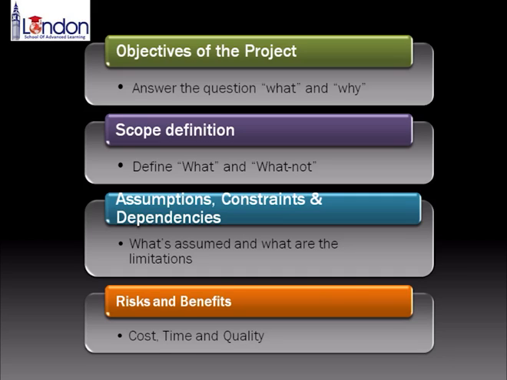Now remember, when I say the introductory section, what I mean is that when you start writing a business requirement document, it's quite important that these various sections are covered at the beginning of the document. So now let's go through each one of these and discuss them a bit more in detail.